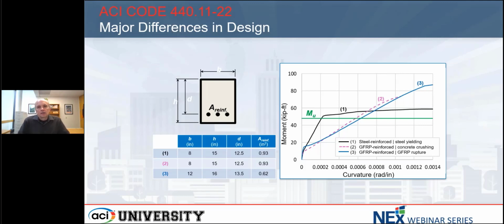So other differences with the code, there are a couple of key things to be aware of when using FRP reinforcement. Again, this is a linearly elastic reinforcement, so we want to make sure that, number one, we have higher reserves of capacity, so we have higher safety factors against failure. What you can see in this diagram, the green line is the M sub U, the design moment capacity that's needed.